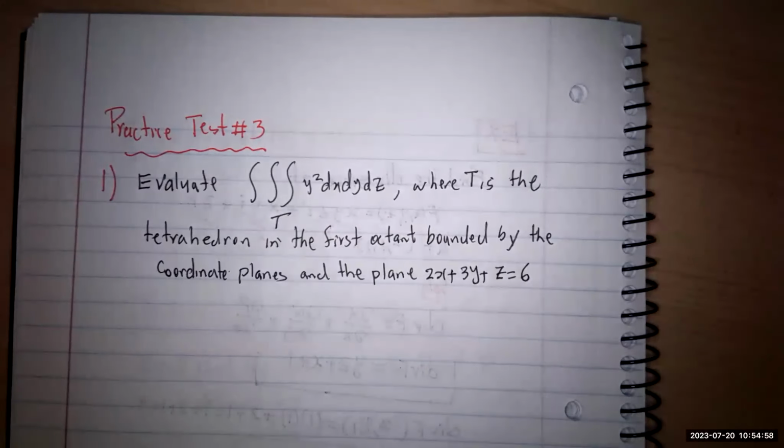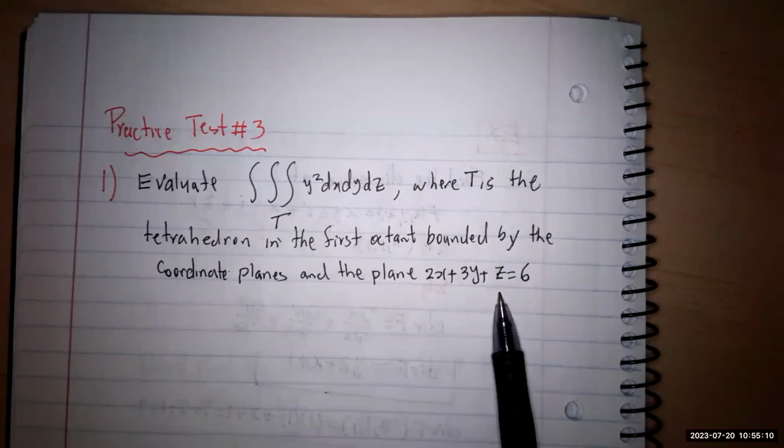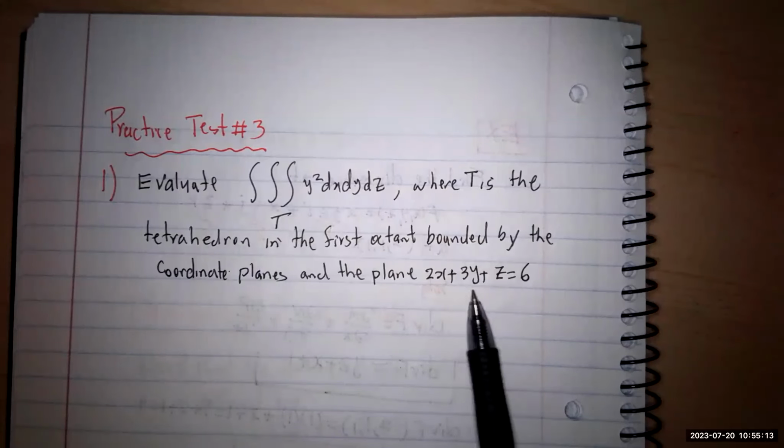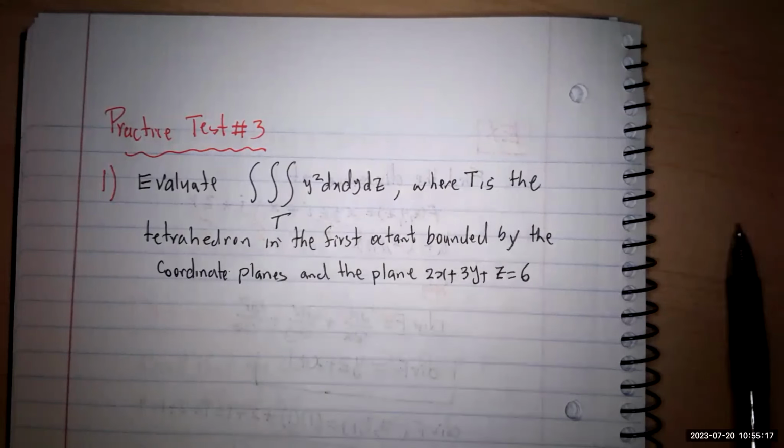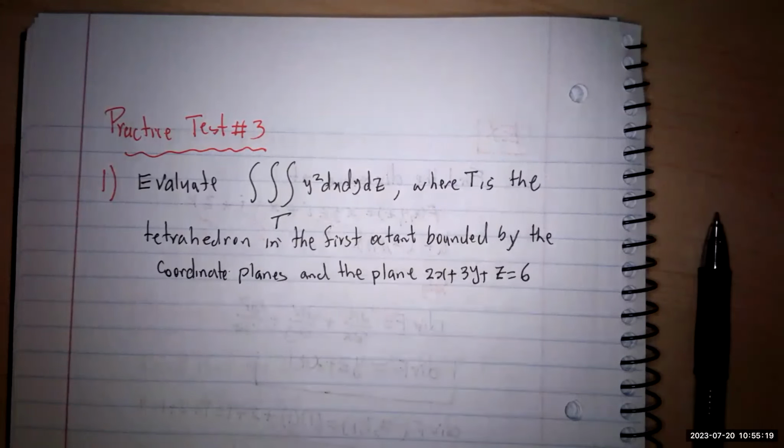You need the limits of integration, but they are not given to you; they give you a region, the solid, if you like. The solid consists of this tetrahedron with this plane equation, and its intersection with the coordinate planes.